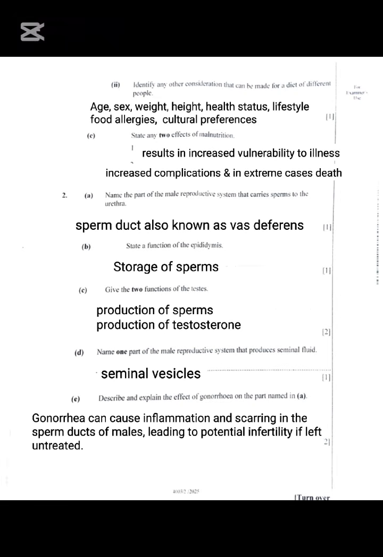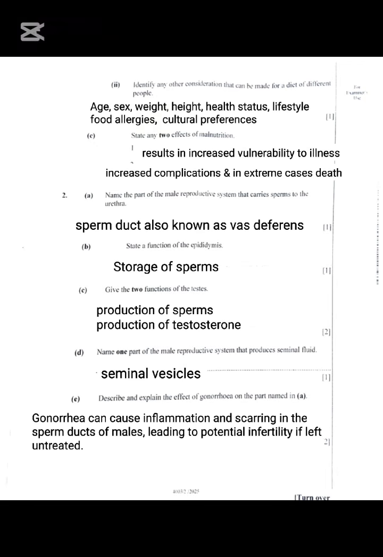So gonorrhea can cause inflammation and scarring in the sperm duct, potentially leading to blockage, that is preventing sperm from passing through, and also it can result in infertility or making it difficult to conceive. So these are some of the effects of gonorrhea on the sperm duct.